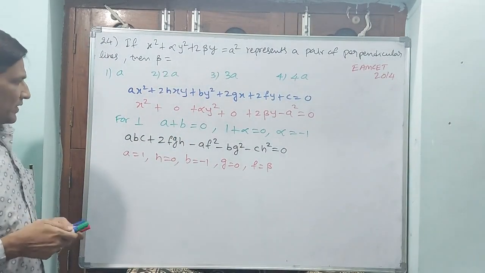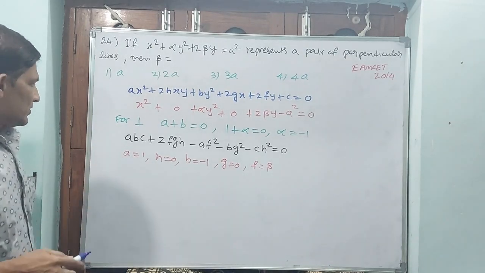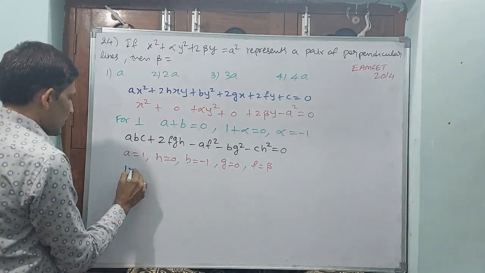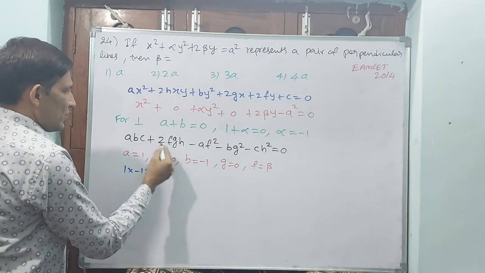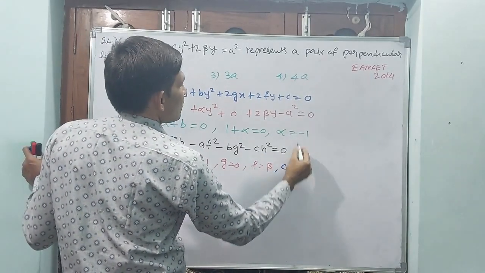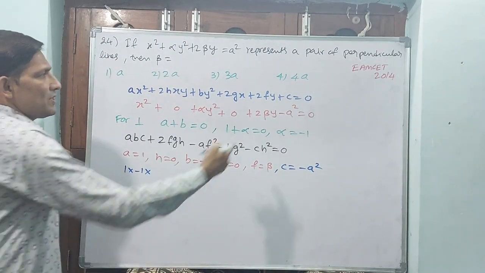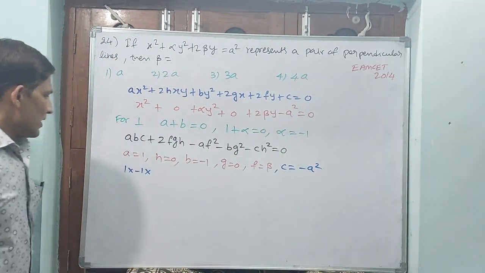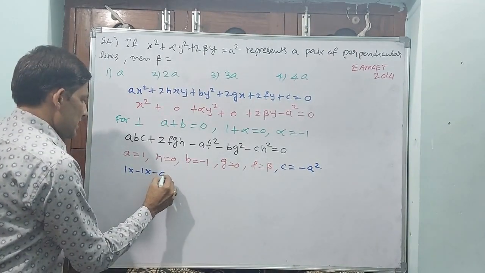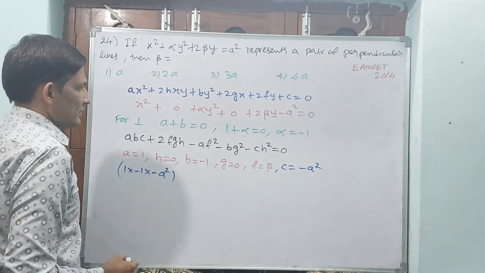Now substitute these values in the above equation. abc: 1 into minus 1 into c. c we have not written yet; c is equal to minus a square. So abc means minus a square is also to be written as minus a square, and b is minus 1.